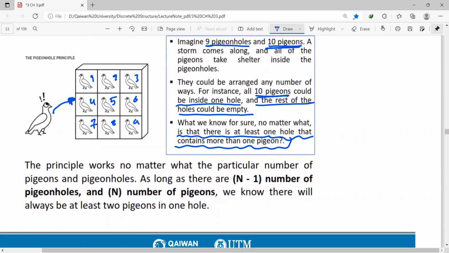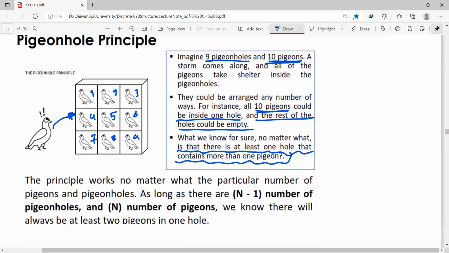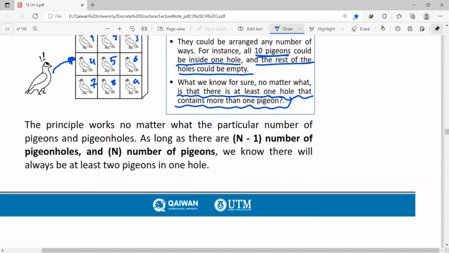Here the pigeonhole principle works on pigeons and pigeonholes if the number of pigeons is greater than the number of pigeonholes by 1. I mean if the number of pigeonholes is n minus 1, then you have 1 extra pigeon.